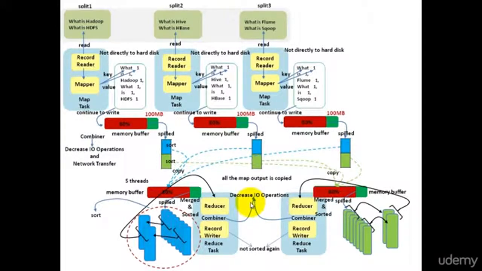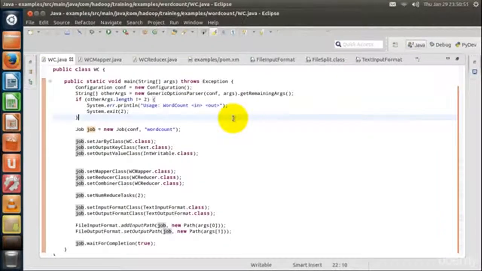Before we end this session, let's run the word count program with the combiner class and see the difference. In this example, you need to set only the combiner class with the reducer class. Otherwise, you have to write a separate combiner class and set that combiner class using the setCombinerClass API.